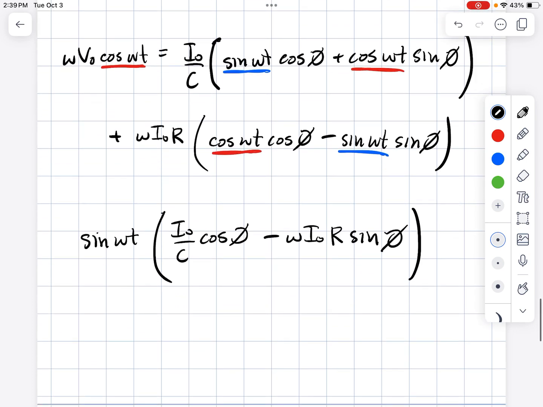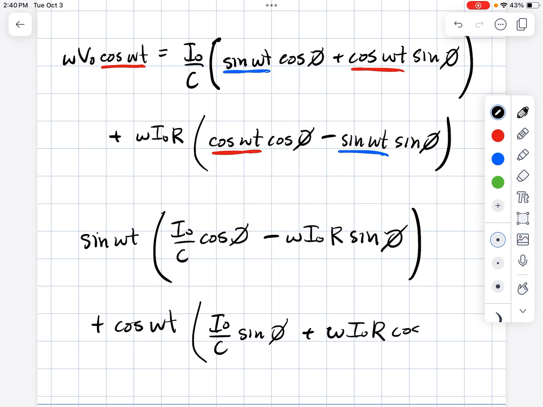And then what about the coefficients of the cosine omega t? Well, I'll start on the right-hand side, and what multiplies the cos omega t is an I naught over c sine phi. And the second term is plus omega I naught r cos phi.